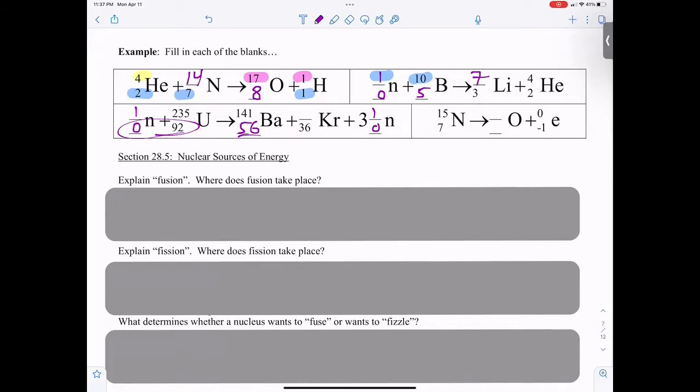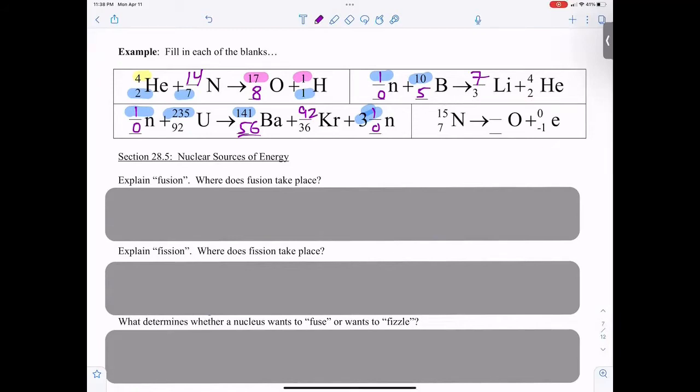Then if I add these masses together, I get 236. Well, what do I do with that? Take 236 and subtract 141 and 3, because it's 3 times 1. Take 236 and subtract 144, and you will get 92 mass units.